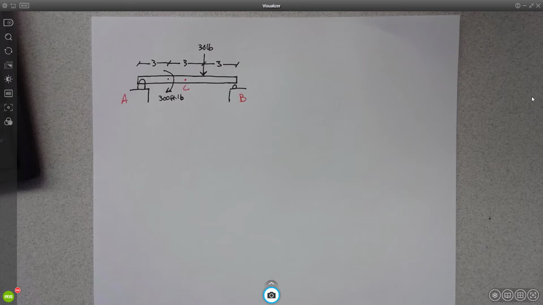We're trying to find the internal load at C. Yep, find the internal load at C.